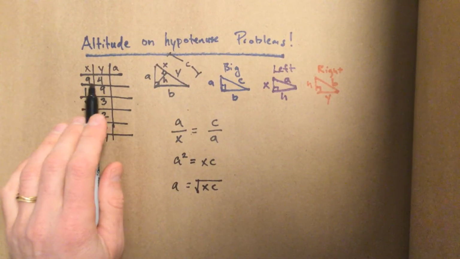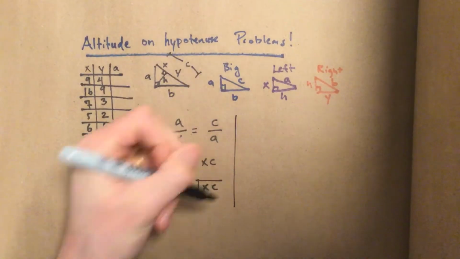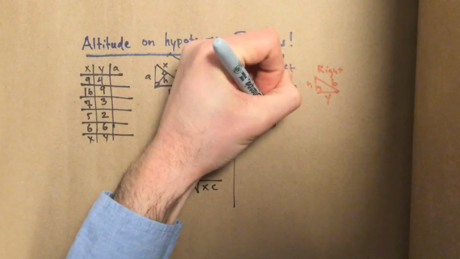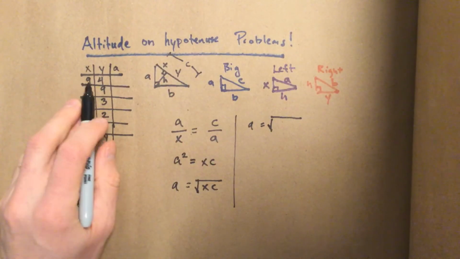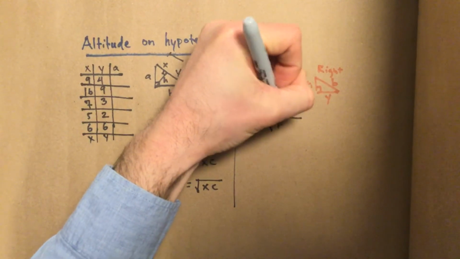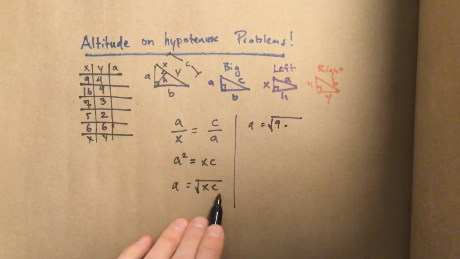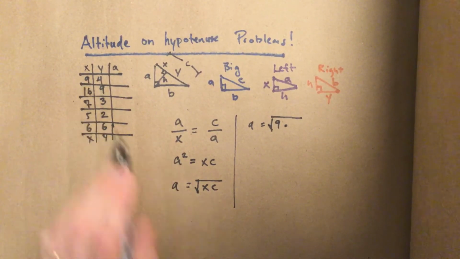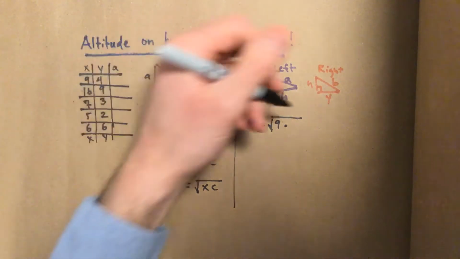If x is 9 and y is 4, I know that a is equal to the square root of x, which is 9, times c, which is 4 plus 9. 4 plus 9 is 13.